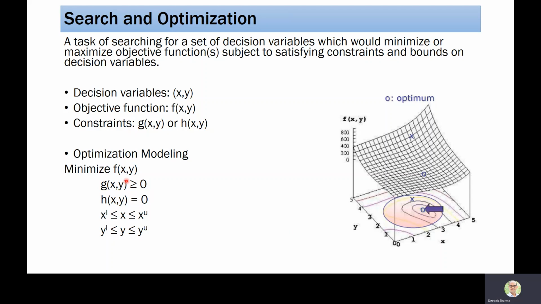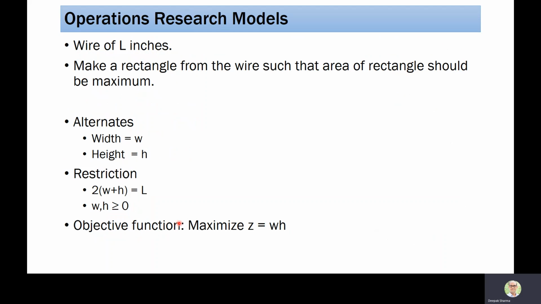It can be greater than or equal to, or it can be of the smaller than type as well. Another constraint is an equality constraint, where the left hand side equals the right hand side. And the decision variables, as you can see, X and Y, lie between their upper limit and lower limit. You remember that in this example, the lower limit is that it should be greater than or equal to 0, but there is no upper limit.